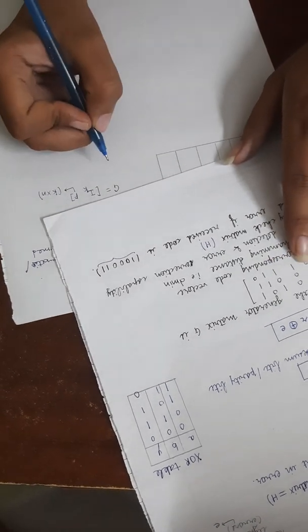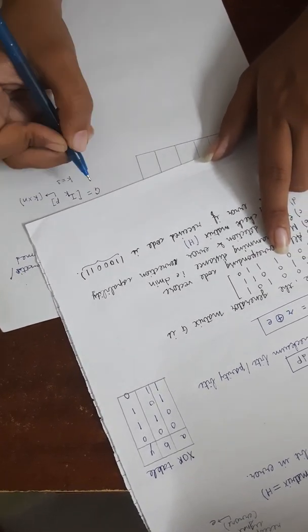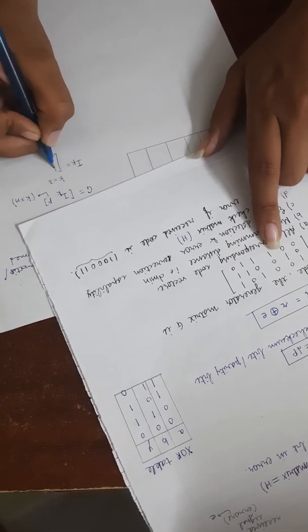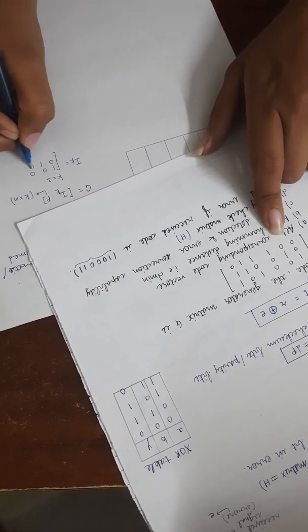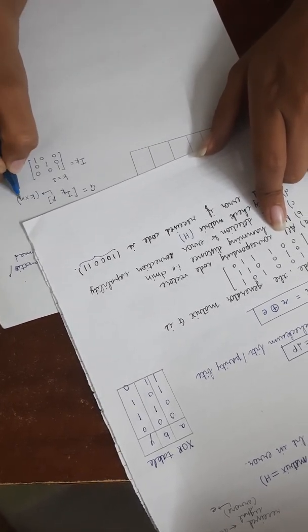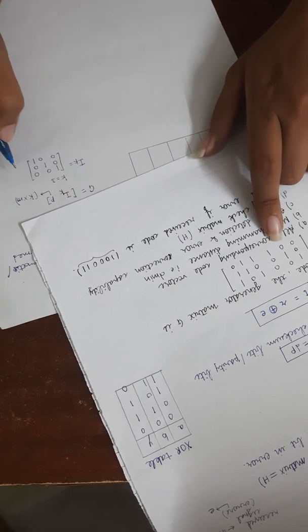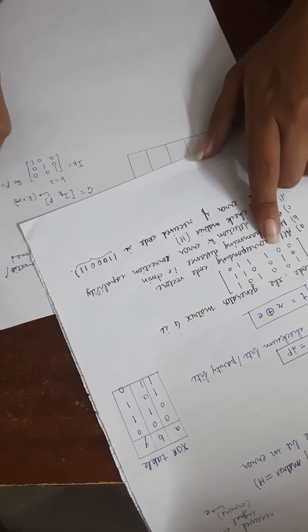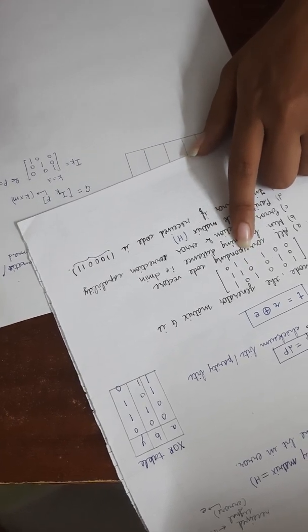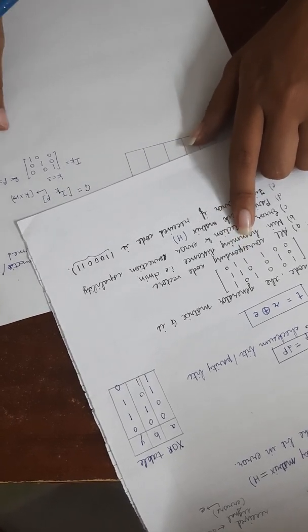From here we get that k is equal to 3, and the identity matrix is equal to 1 0 0, 0 1 0, 0 0 1, and the parity matrix we get as 1 0 1, 0 1 1, 1 1 0.